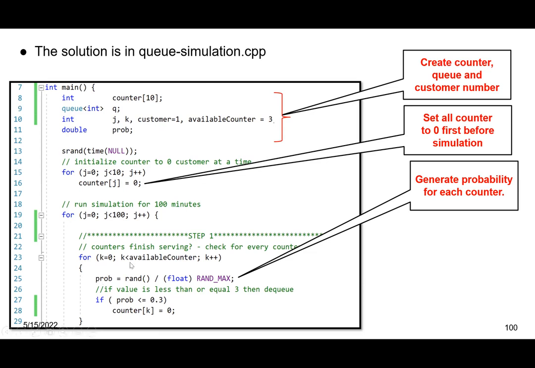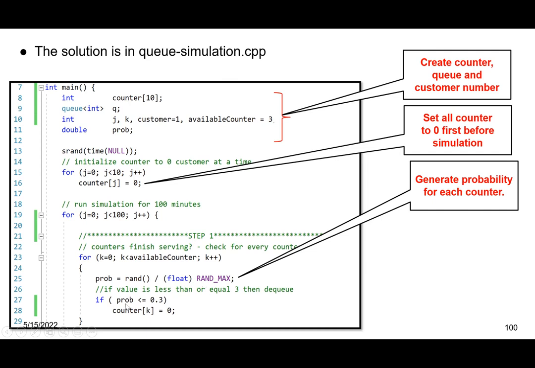Here I will use a loop. How many times I loop depends on how many counters I open. If my available counter is 3, meaning I open 3 counters, I will loop 3 times. Each time I will generate a random value for each of the counters.